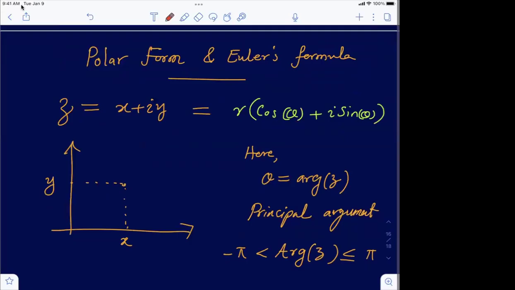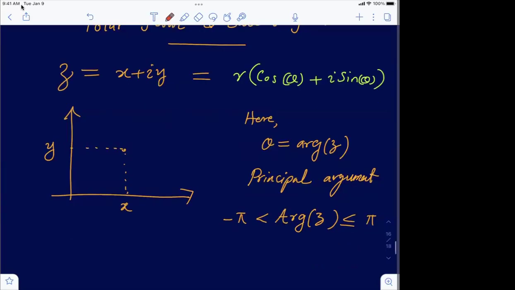Now let's talk about a few interesting geometric and algebraic connections that we will be using in analyzing these functions. So the first, the polar form. We know the polar form because it's directly coming from geometry, right? So this is none other than the Cartesian form of the complex number.